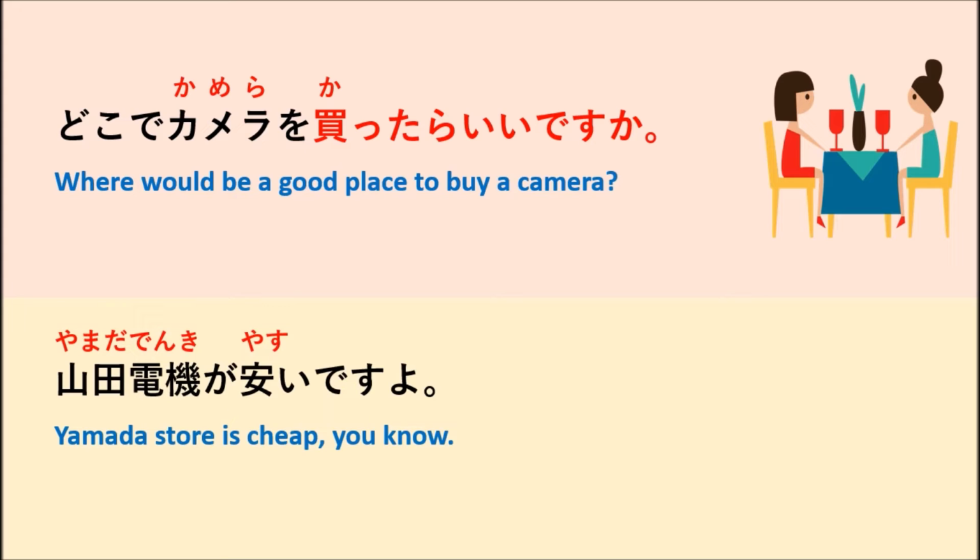In Japan, Yamada Denki is famous for selling electric devices, though as for the price, who knows. But in this example, they take Yamada Denki. Or you can say Amazon ga yasui desu yo. If you have ever bought something from Amazon, you can advise your friends like this.